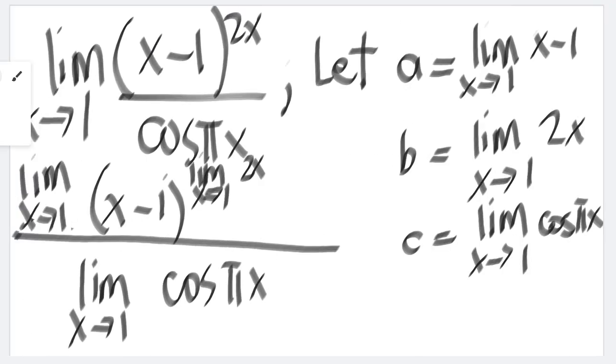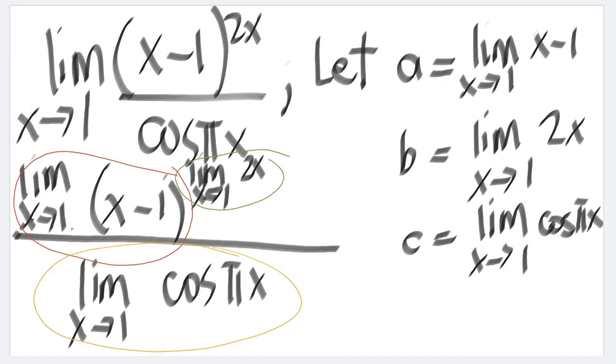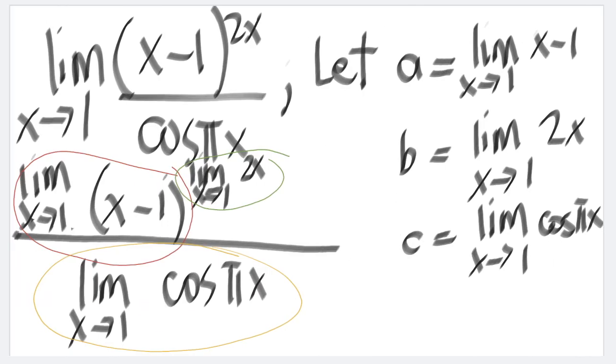So this one is equal to A, this is equal to B, and this is equal to C. So therefore, that is equal to A raised to B over C.